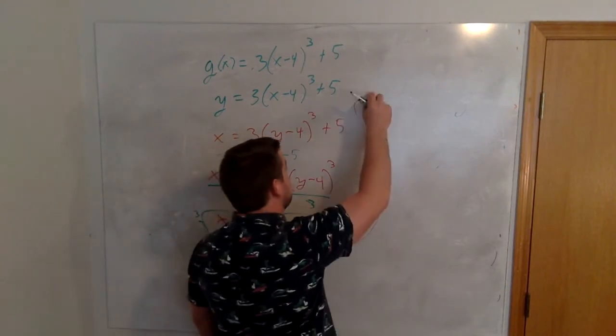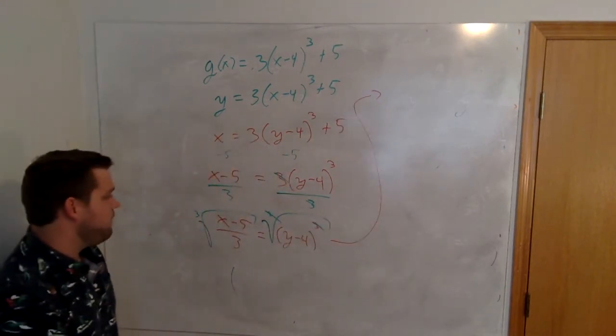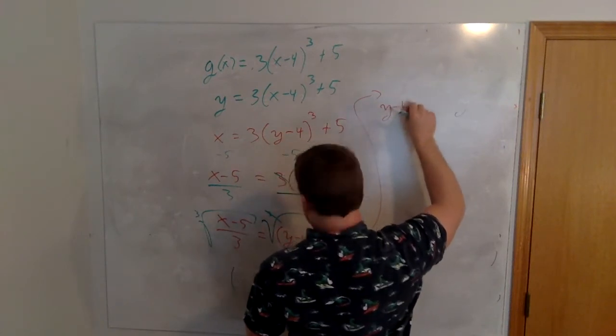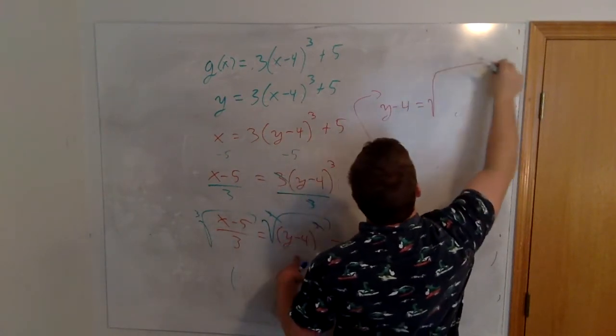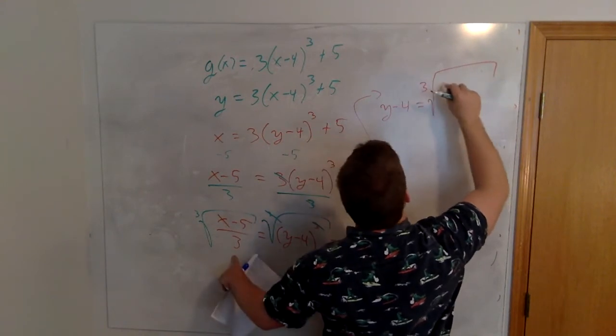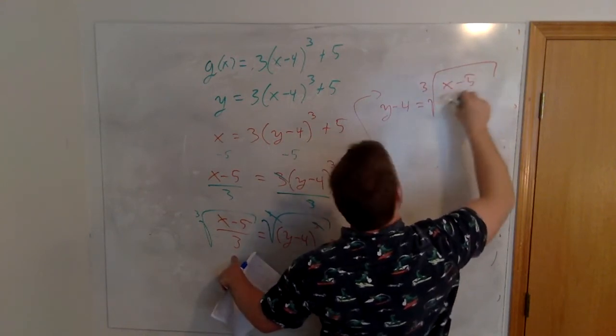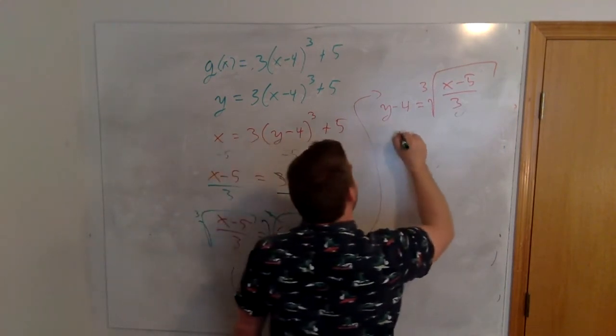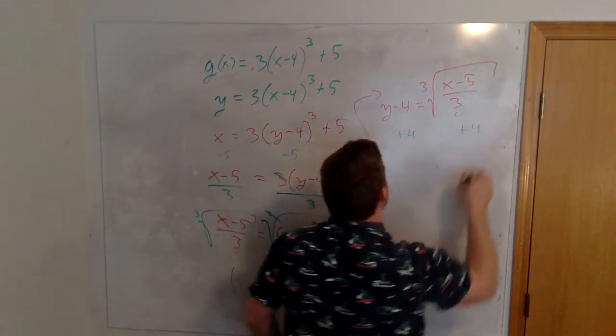They're really inverses of one another, and that's why they're canceling each other out. So we now have y minus 4 is equal to the cube root of (x minus 5) all over 3. Now our last step is to add 4 to both sides.